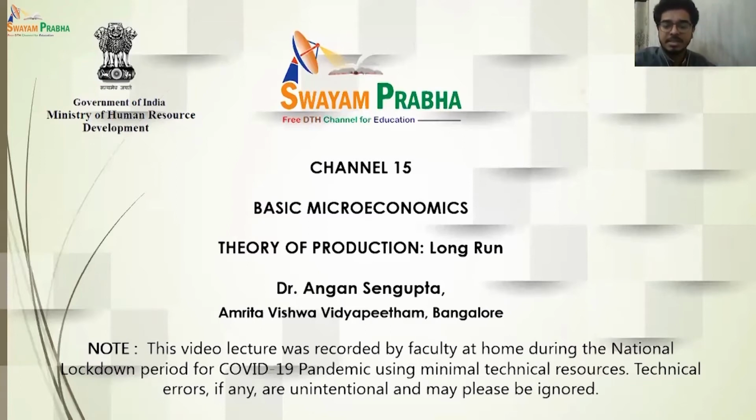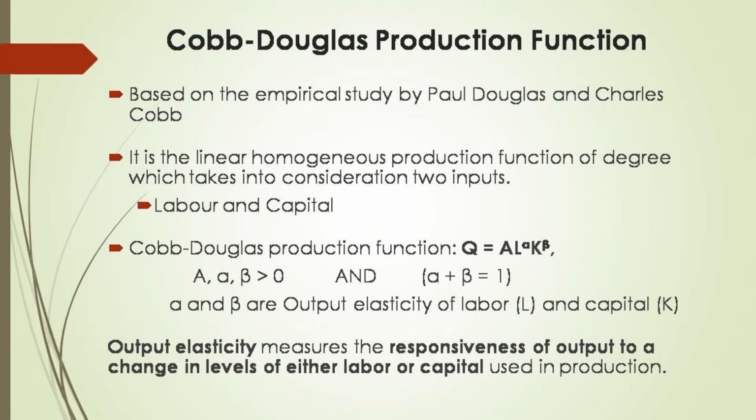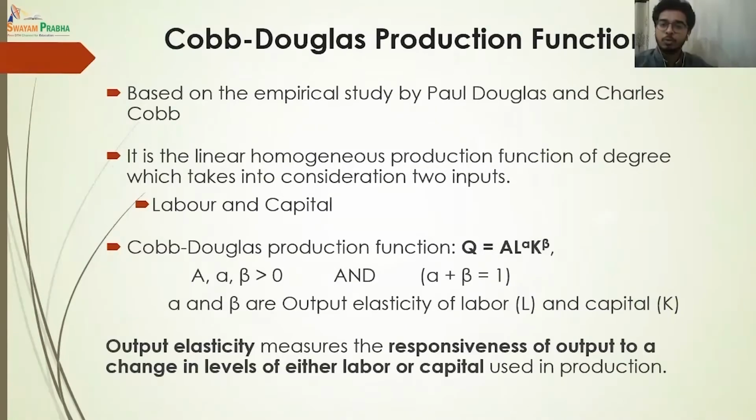We will be discussing the long run production function in this lecture, where we will change both the factors of production, both the inputs. Yes, we will start with the Cobb-Douglas production function, which was derived by Professor Paul Douglas and mathematician Charles Cobb together, based on some empirical data.